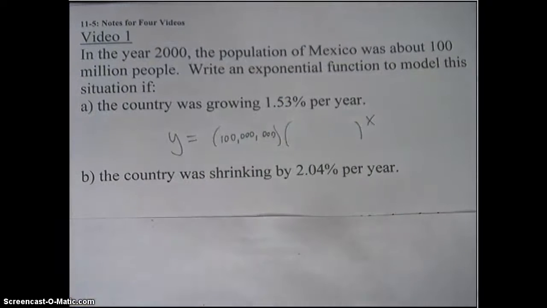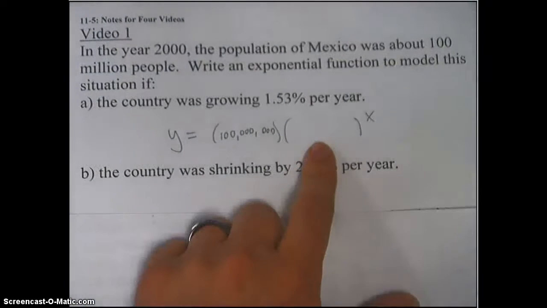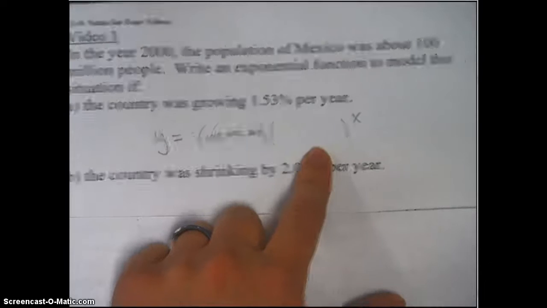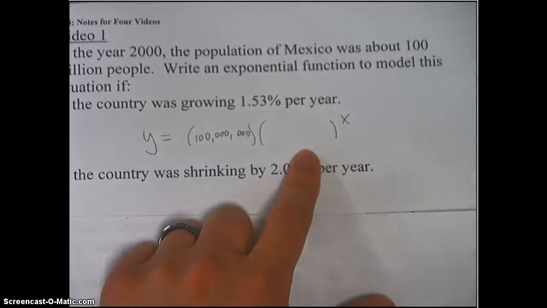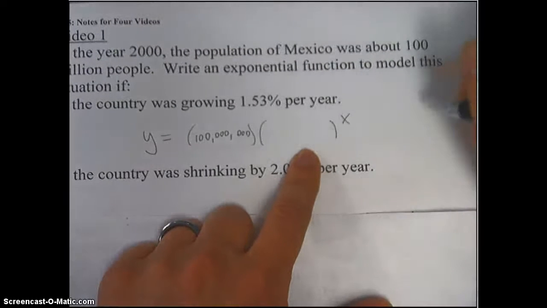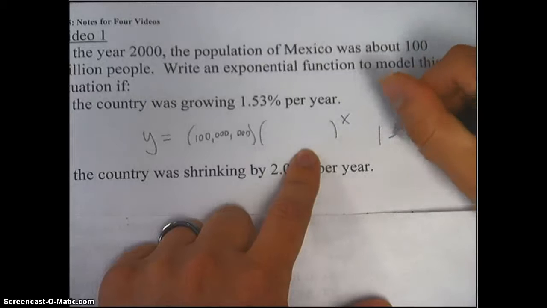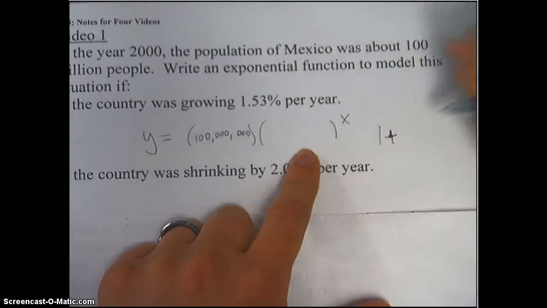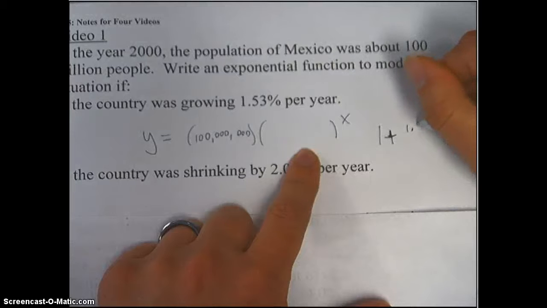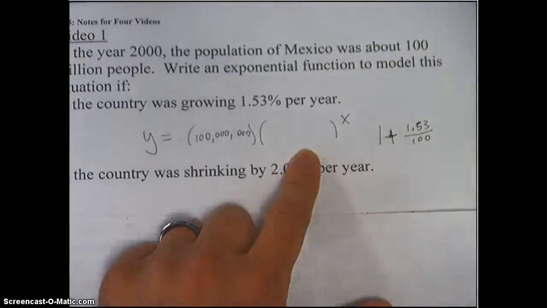100 million. And what goes right here, it says it's growing, so it's going to be a growth factor. Now to figure out what that growth factor is, the way I like to think about it is when you're growing, it's going to be 1 plus whatever your percentage is, 1.53 divided by 100.